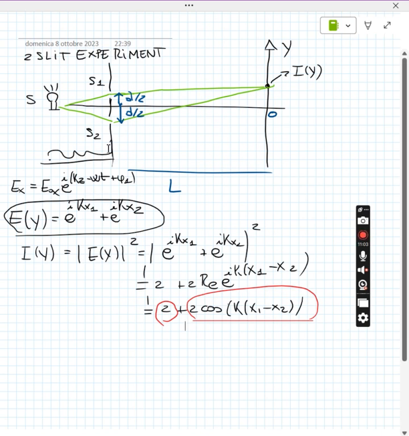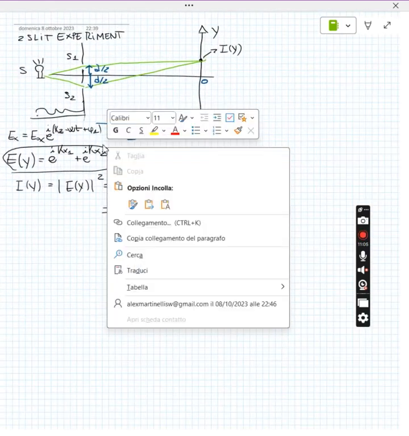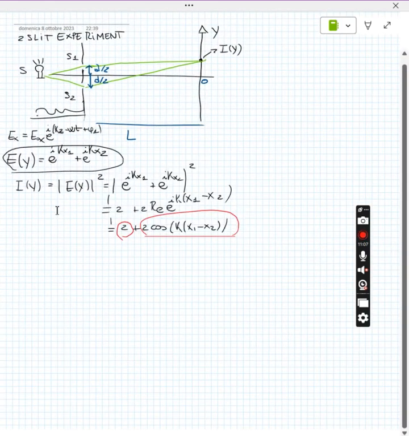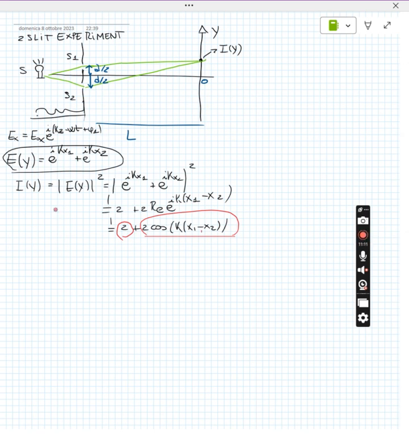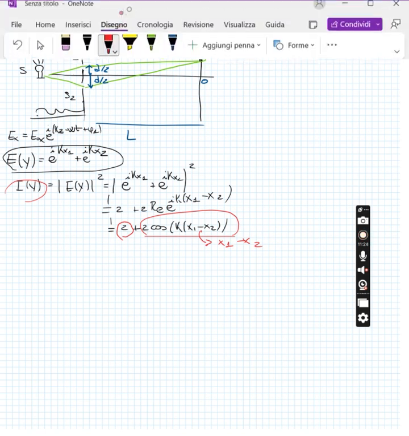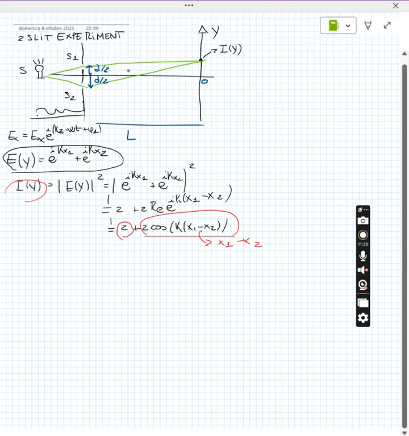Now we need an expression for x1 minus x2 because we want to calculate the intensity. We can get this expression easily by some geometric considerations on this picture.